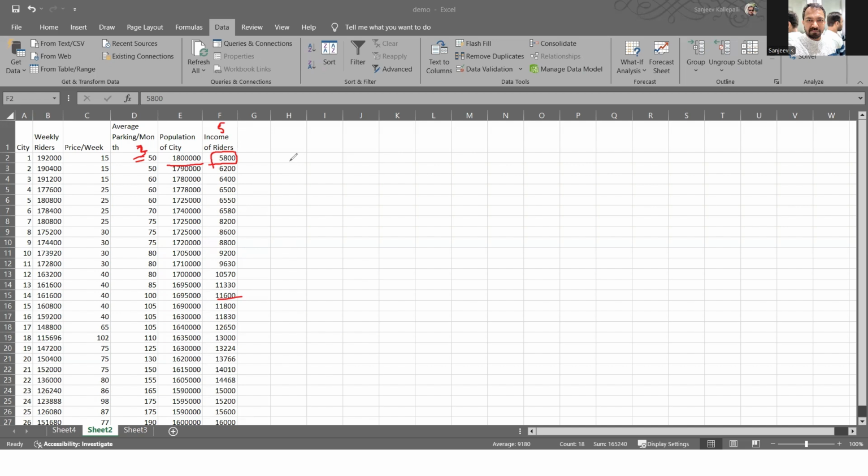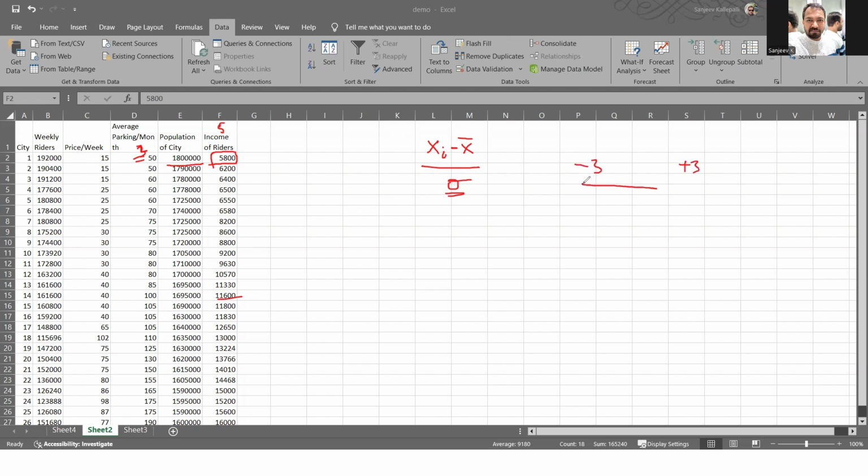We simply have to convert this using the standard scalar. What you do in standard scalar is you take the value xi, subtract its mean x bar, and divide it by the standard deviation. When you divide by standard deviation, you get all the values between -3 to +3.